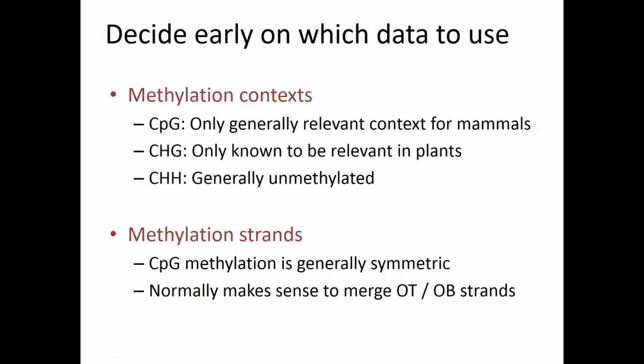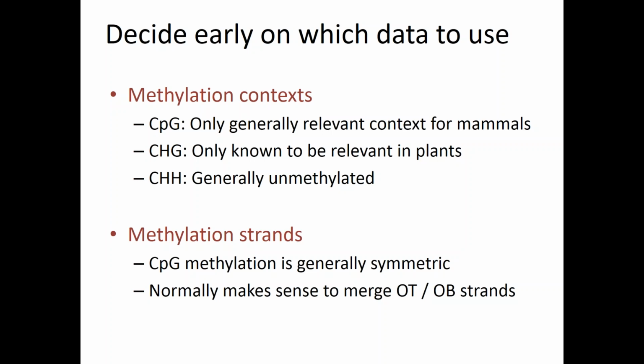And other states called CHH states are generally unmethylated. So most of the time, it makes sense to only work with CpG context cytosines. And that also has the advantage that it allows you to throw away very large portions of your data, because the CpG cytosines are a small subset of the total, and it gives you a much more manageable data size to work with.